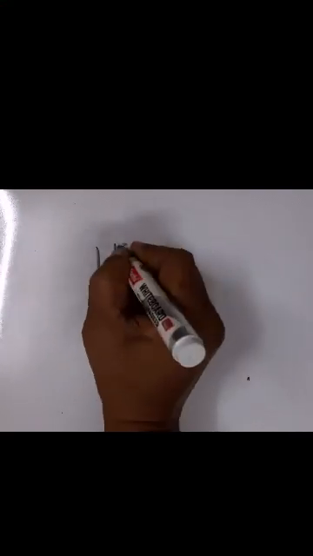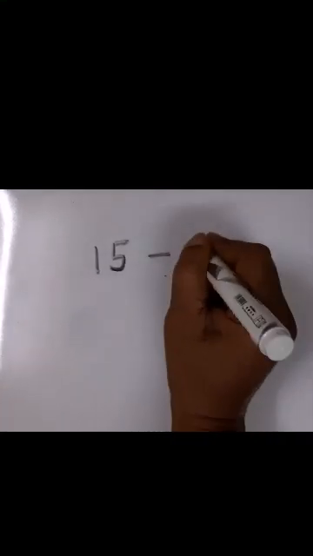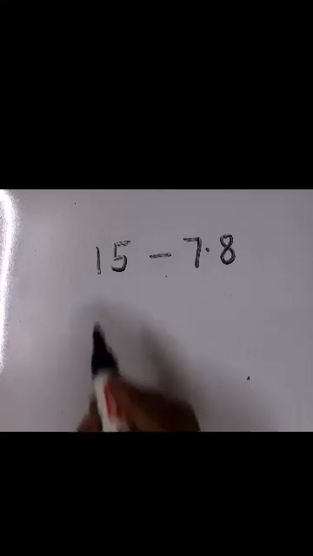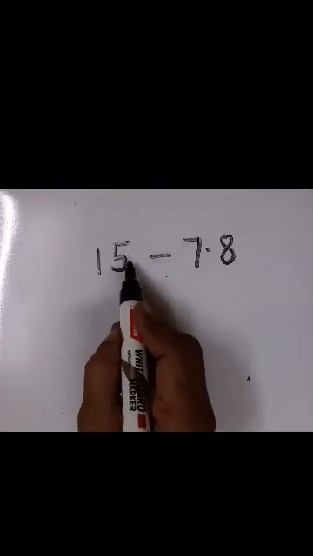Now take 15 less 7.8. Now take a look, children, at the number. Remember, we have done addition, the similar one. Yes, 15 is my whole number. Can you see, children?